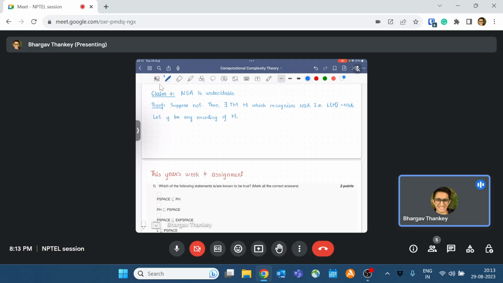Okay, so now there are two options, right? We'll show that Y in NSA and Y not in NSA both lead to a contradiction.